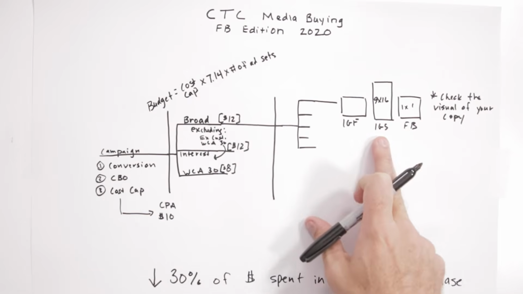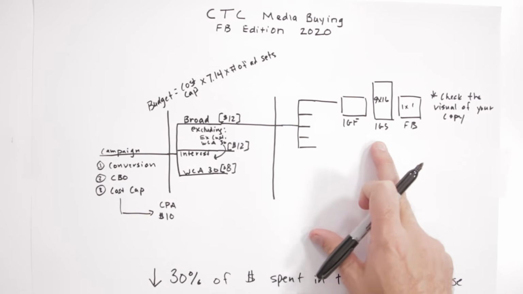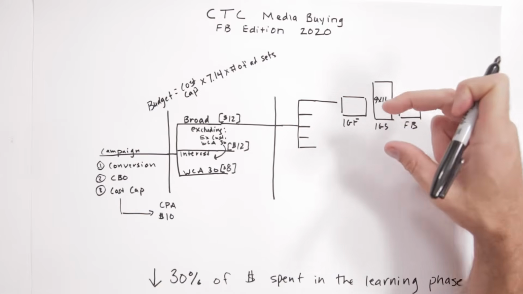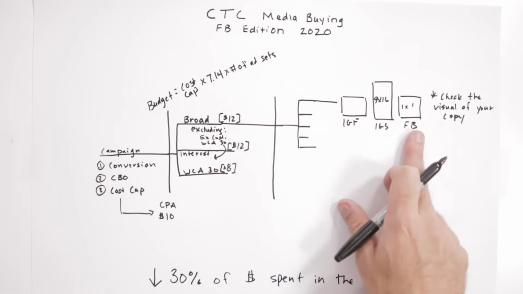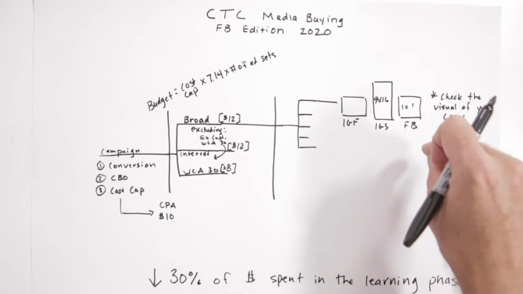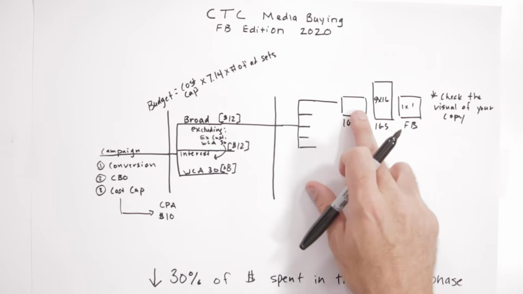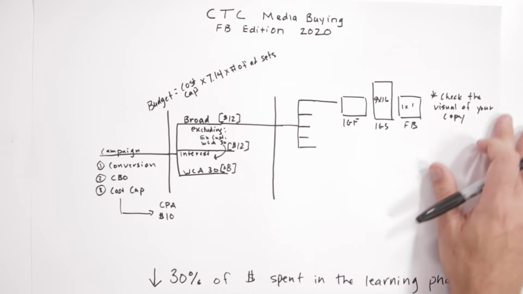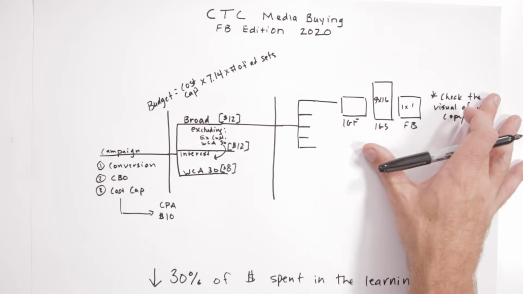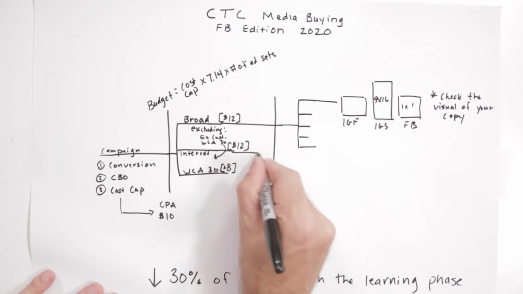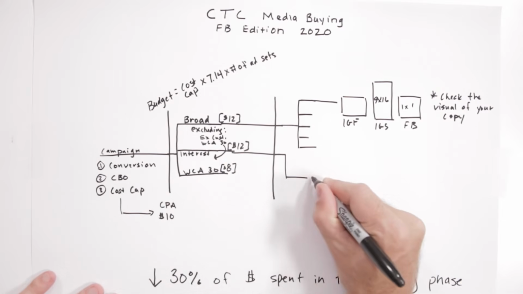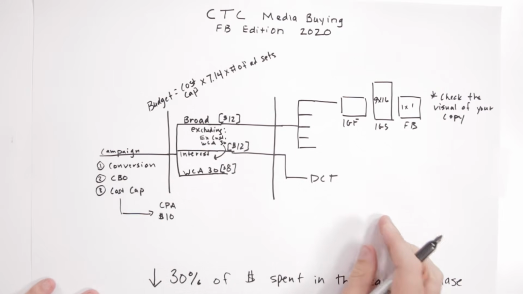IG stories uses the body copy from your ad and uses just a small amount of the text depending on the image. Facebook obviously has headline, sub-headline, body copy. IG feed just uses body copy. And so you want to make sure that you're adjusting the copy for each placement as well as the visual for each placement. And then in some cases, we'll also use DCT as well on the ad level.